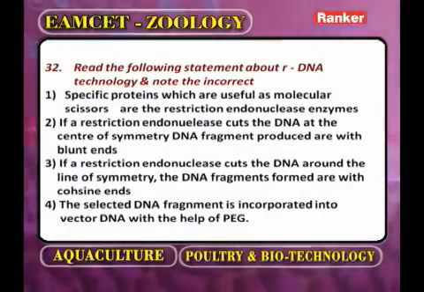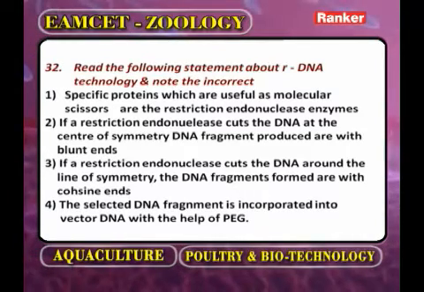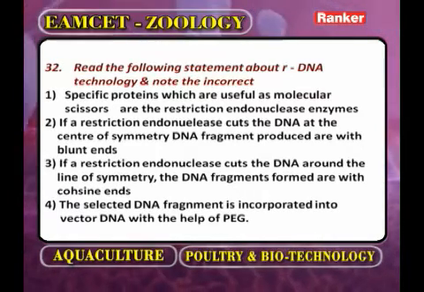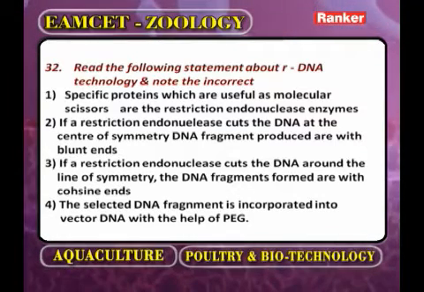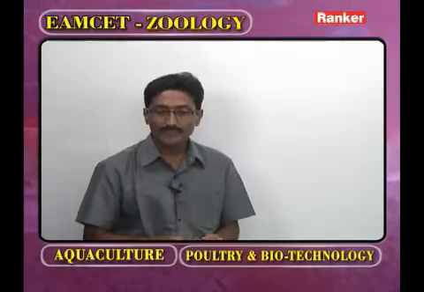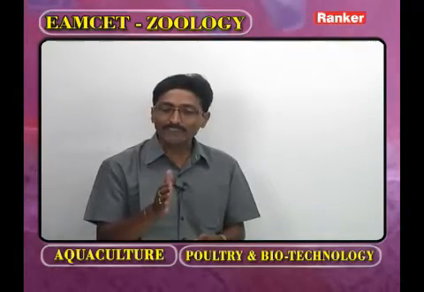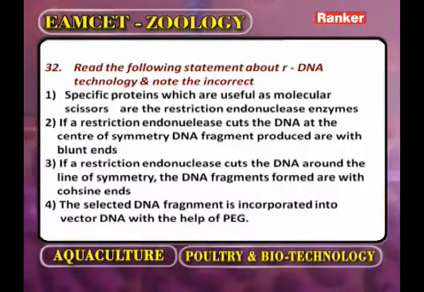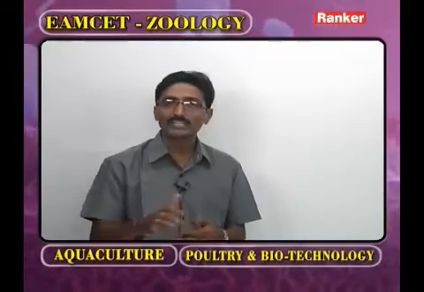Third, if a restriction endonuclease cuts the DNA around the line of symmetry, the DNA fragments are formed with cohesive ends, also called sticky ends. What about the fourth one? The selected DNA fragment is incorporated into the vector DNA with the help of PEG. No, with the help of a virus or other methods, but not PEG.